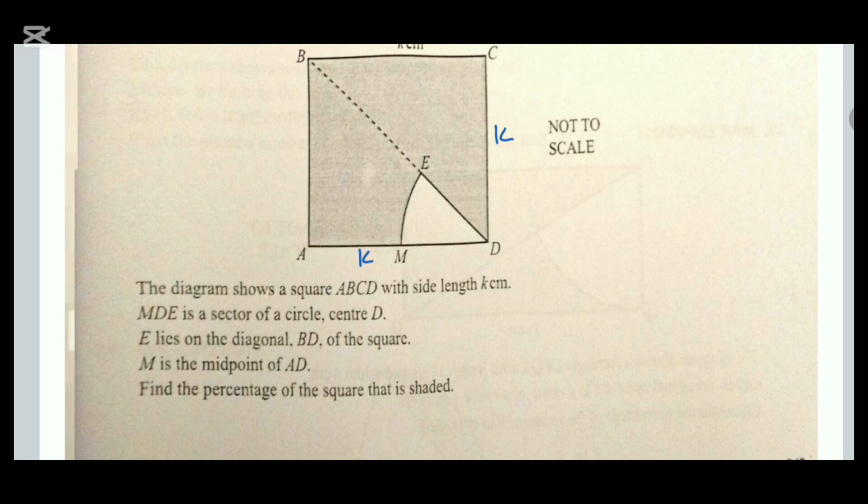So it means area of square is equal to k square. So area of sector. We have to find the area of this sector now.